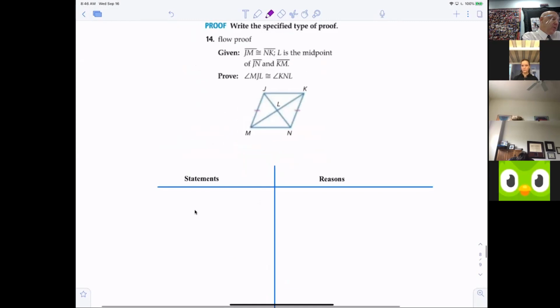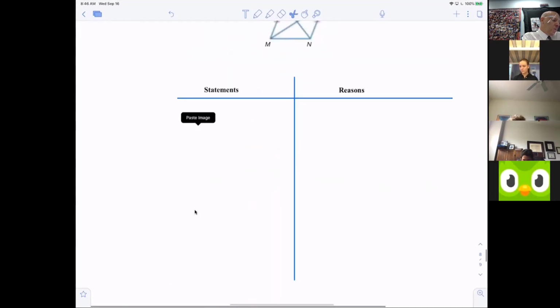All right, here we go. So again, I'm going to grab the given and put it in here. Number one, given. Now I'm going to mark everything.